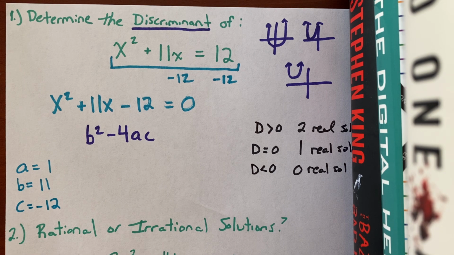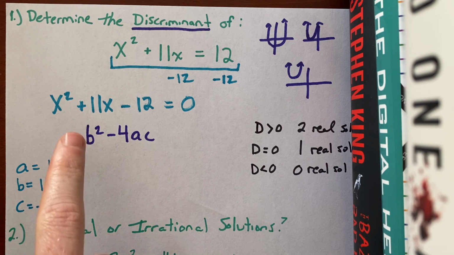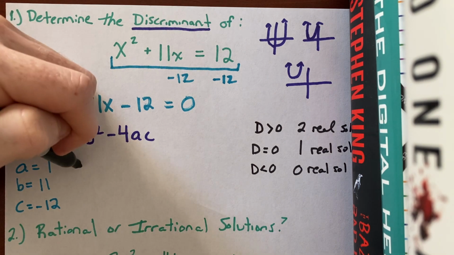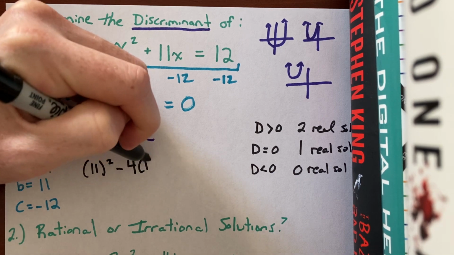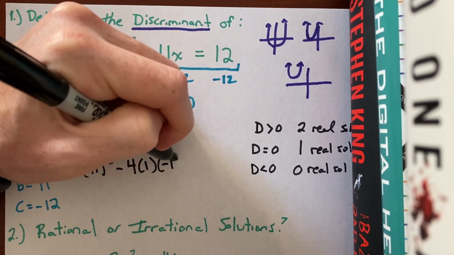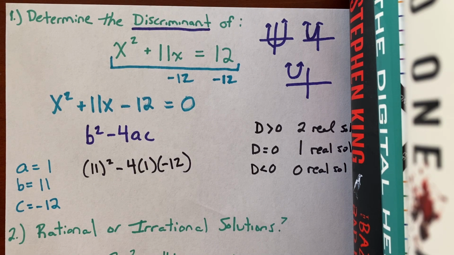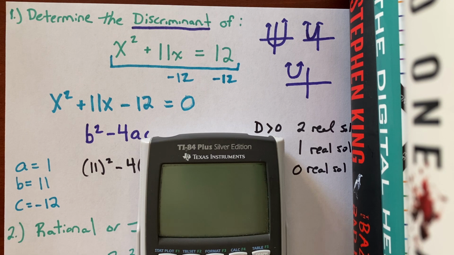All right, when I'm plugging this in, I'm just going to make sure I put my a, b, and c in parentheses where I have a b, an a, and a c up here. So I have 11 squared minus 4 times 1 times negative 12. I can use my calculator for this. It doesn't have to be a fancy calculator. Just make sure you're typing in those parentheses.